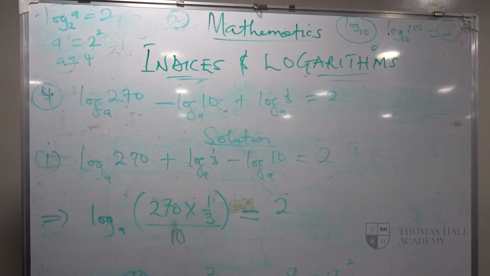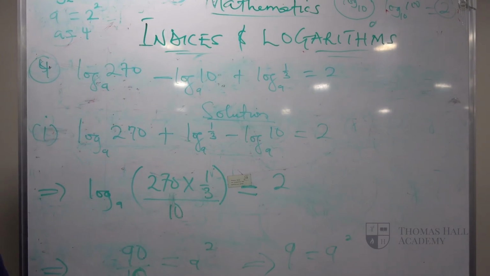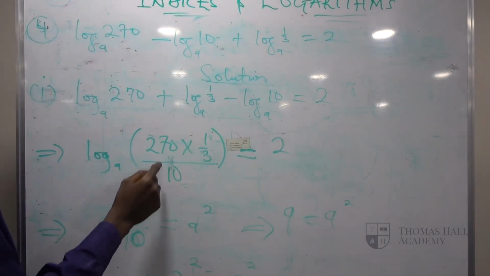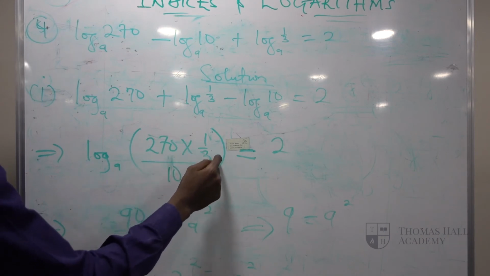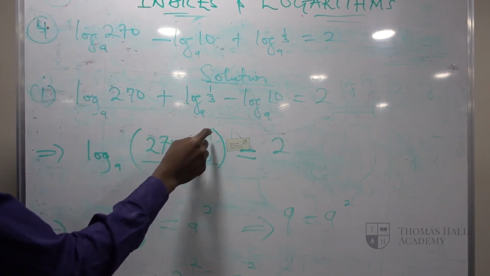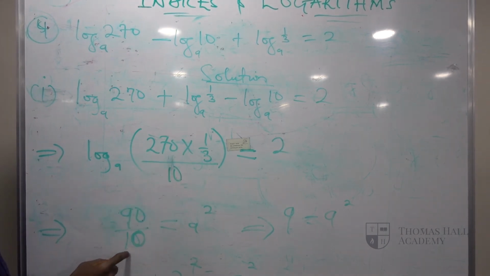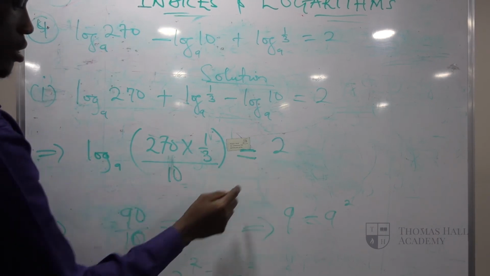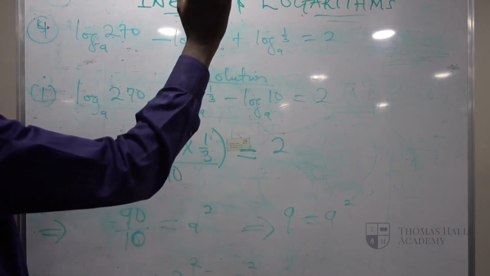The same thing applies here. Log A, which is carrying all of this, 270 times 1 over 3, all over 10. 270 times 1 over 3. 3 in 270 gives us 90. Thus, we are having 90 all over 10 equals, like we learned here, A comes here and pushes 2 up.